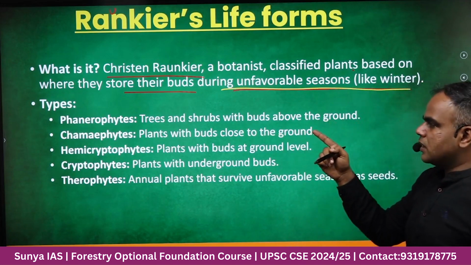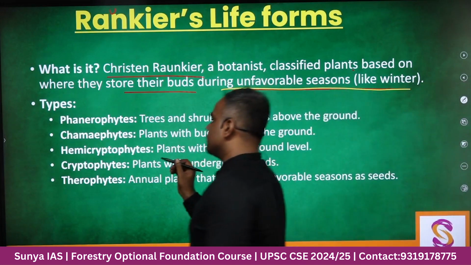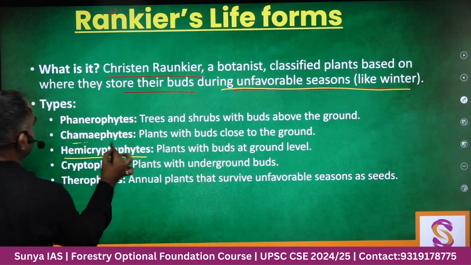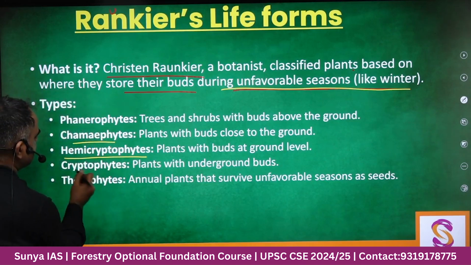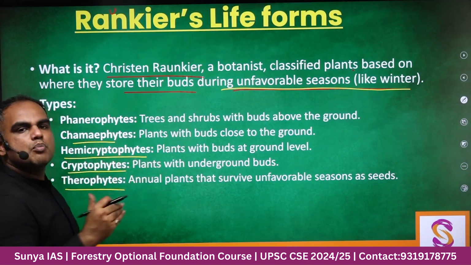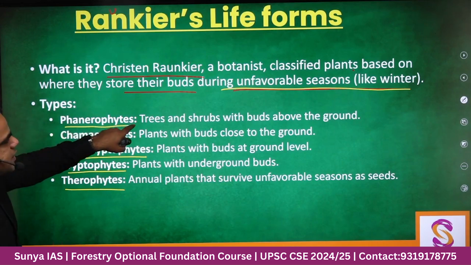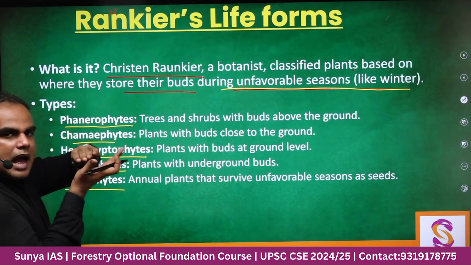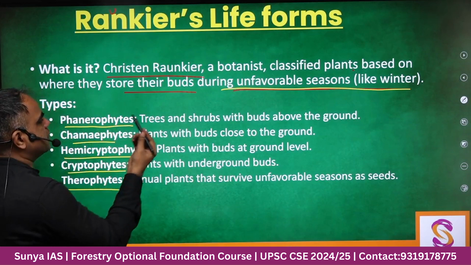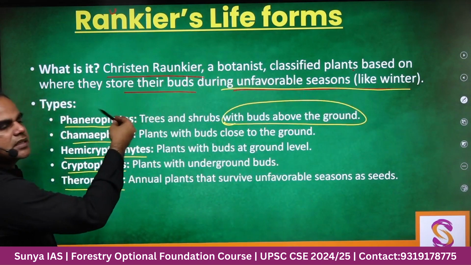Phanerophytes, then chamaephytes, hemicryptophytes, cryptophytes, and then therophytes. You also have a few others, but these are the more prominent ones. Within these life forms, phanerophytes are trees and shrubs that have the buds above the ground. Everything is related to where the buds are being stored.